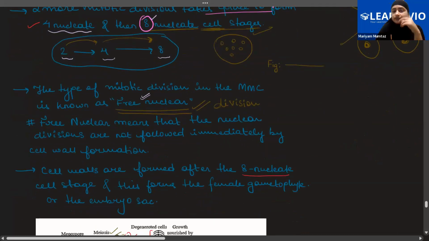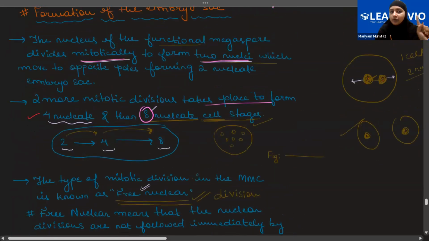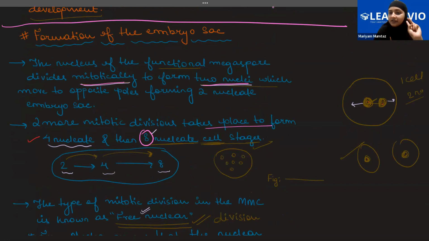Now, this type of division taking place within the functional megaspore, is it being accompanied by cytokinesis? Is it followed by cytokinesis? No, nowhere. Right now, all that I'm talking about is karyokinesis, meaning the nucleus is dividing. Do you understand the difference between karyokinesis and cytokinesis?